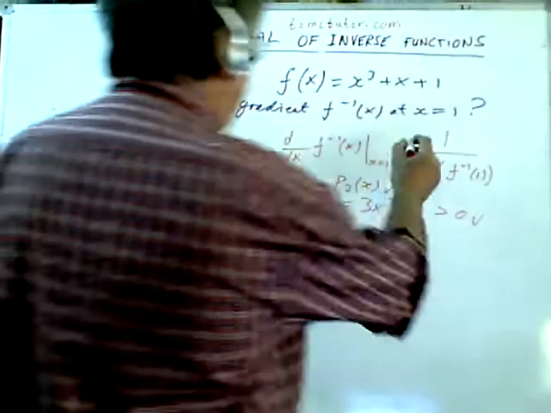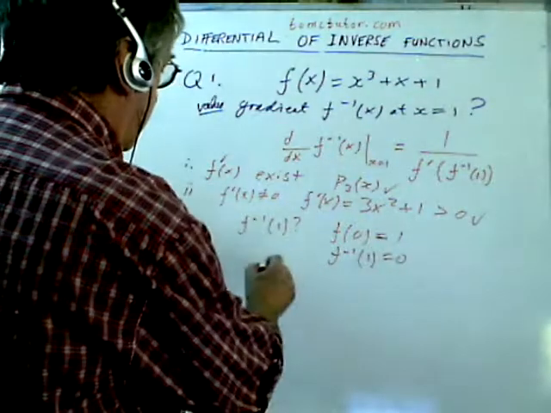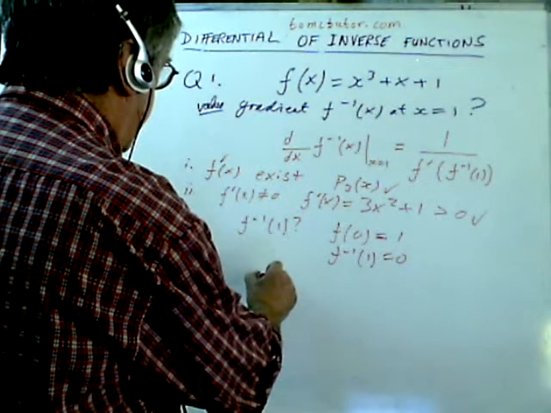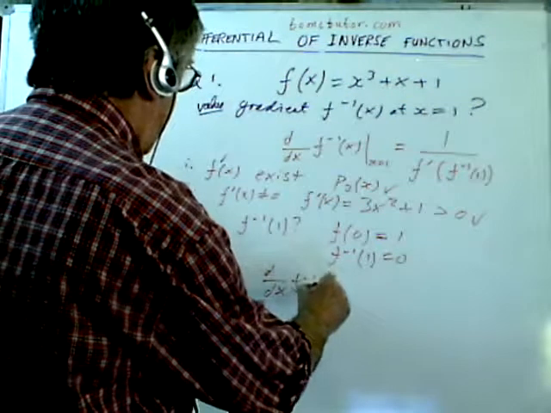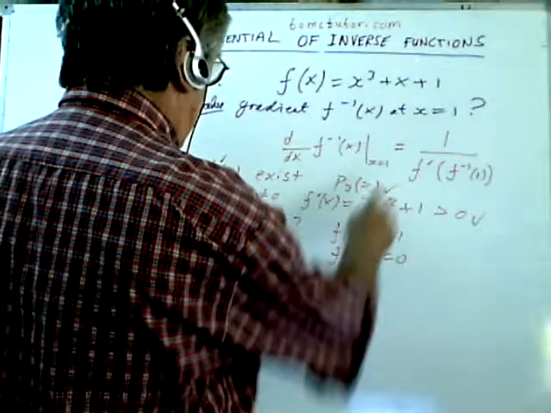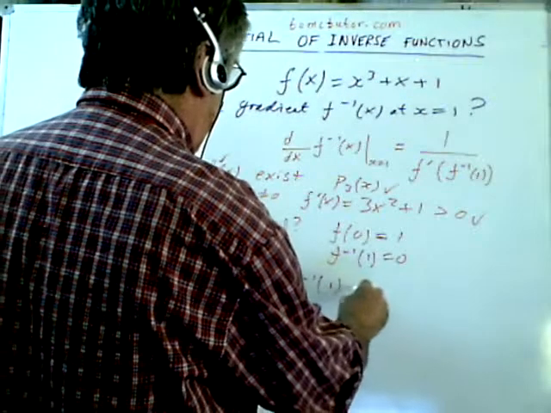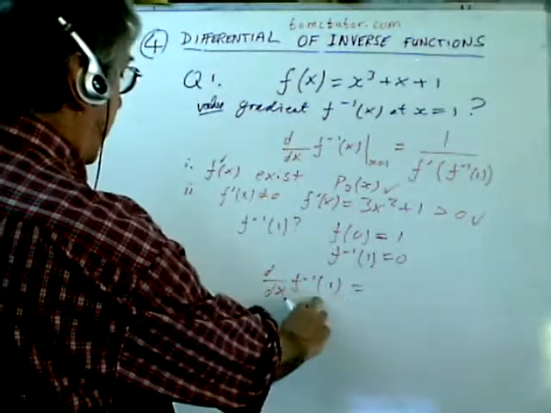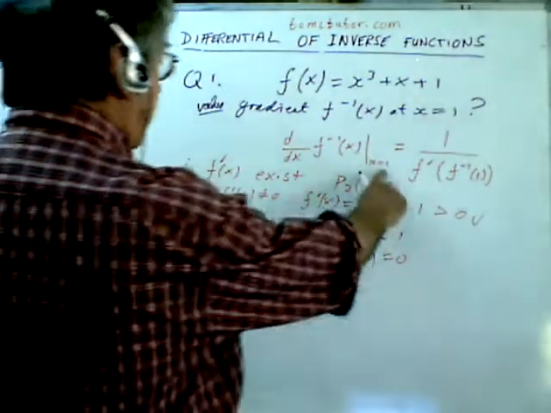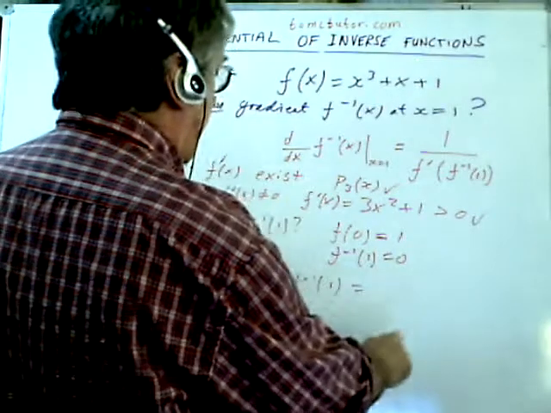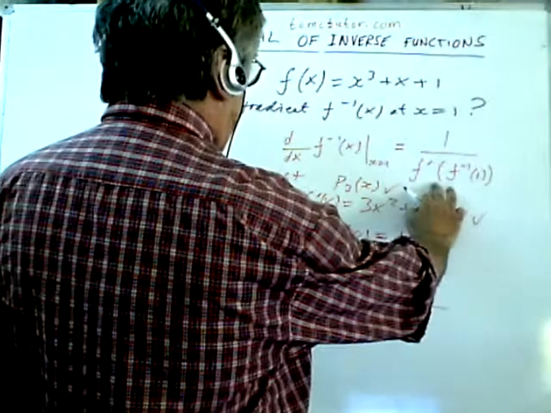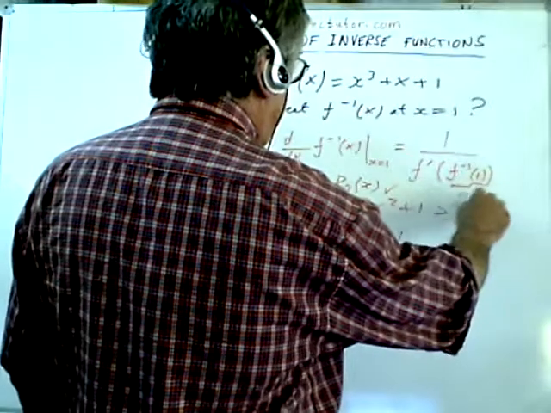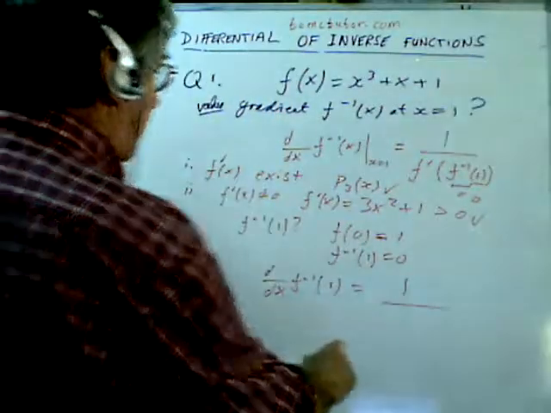Okay, so at the end of the day, my answer to this problem, the d/dx of f minus 1 of 1, the gradient of the inverse function at the point x is equal to 1, is equal to, if I put 0 in here, because that is equal to 0, it's just f dash of 0.